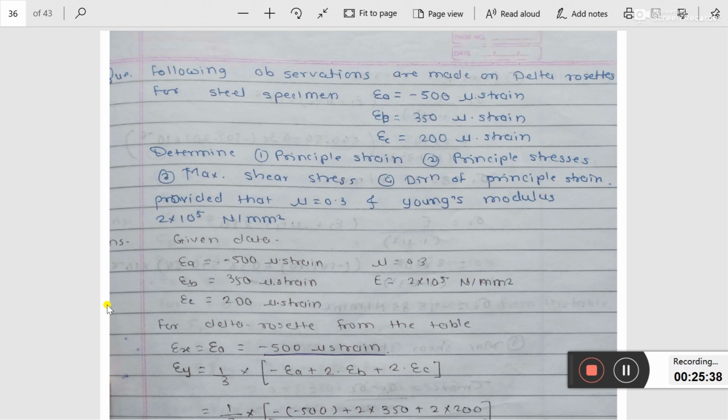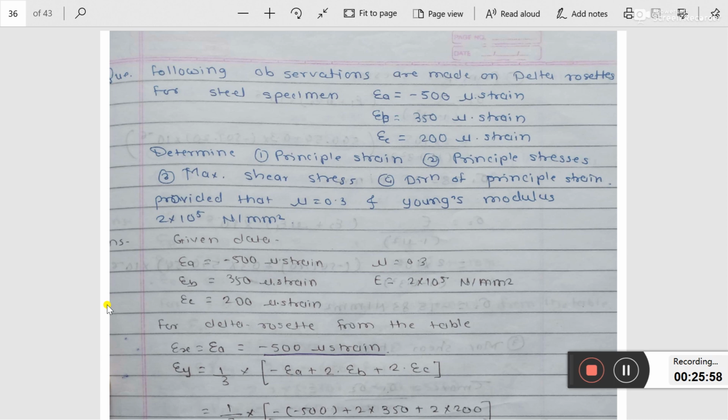Whatever procedure I have explained, initially as per the given parameters, I have to calculate the values of epsilon x, epsilon y and gamma xy by taking the reference of that particular table, and those values are calculated using the given parameters in the form of epsilon a to epsilon d.